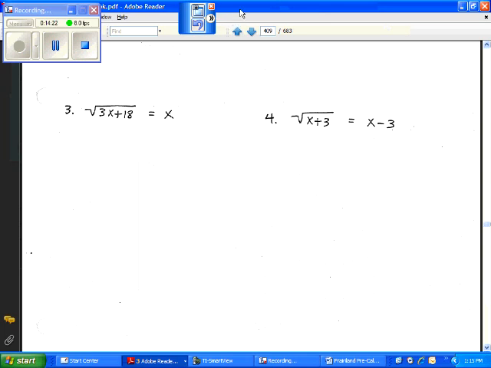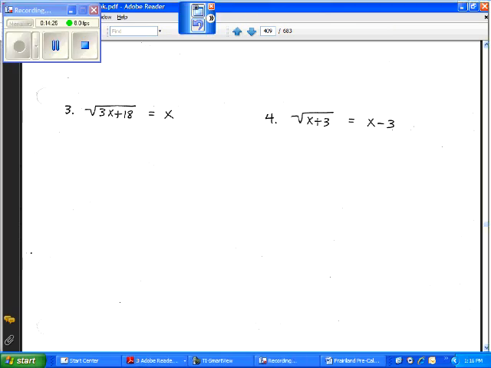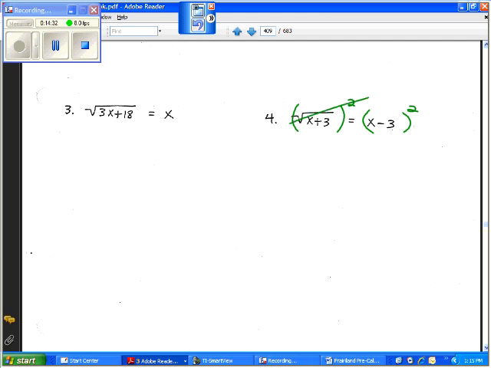All right, so now we're on number 4. Number 4, we already have an isolated square root, so we're going to square both sides. The square cancels the square root, and we have x plus 3 equal. Now, when we do x minus 3 squared, we're doing x minus 3 times itself, right?